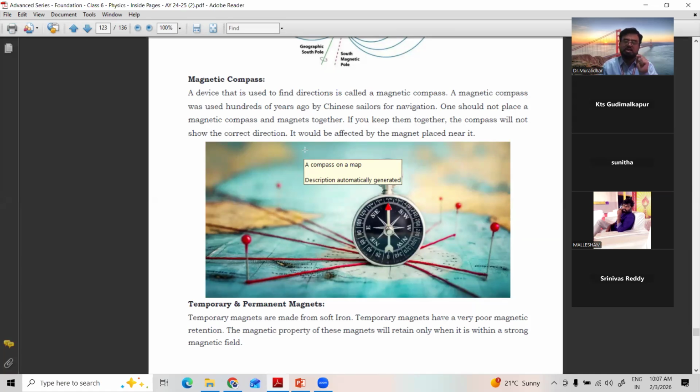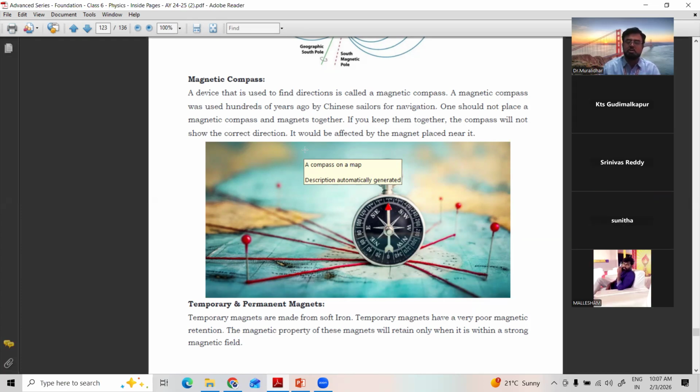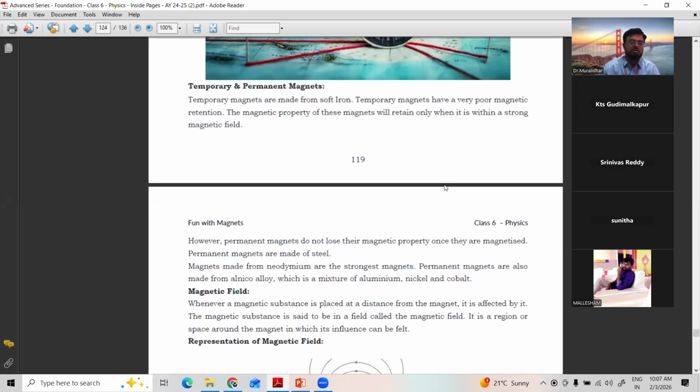As it is made up of natural magnet, it is always directed towards the north and south. It is covered by glass so that you can see clearly without any disturbance. Nowadays we find the same compass in our apps also, by which you can see the direction, right? So up to here we learned in the last class.